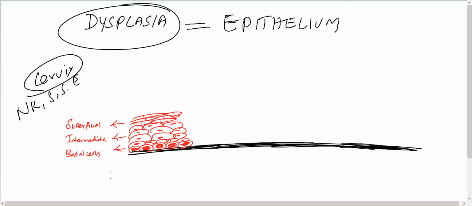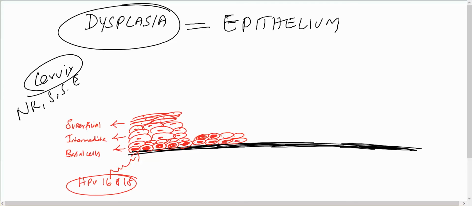If it is infected by human papilloma virus 16 and 18, this virus infects the basal cells and increases the basal cell division, and the basal cells increase in number.